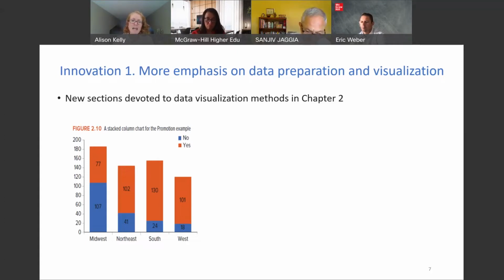And had we just looked at a bar chart, we would see that most of the emails went to the Midwest, less went to the West, if we're looking at location.